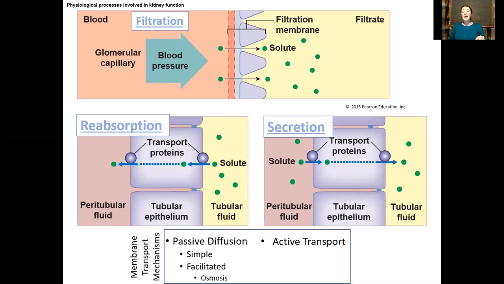Remember that osmosis is a type of facilitated passive diffusion. We never pump water. We never use energy to physically take water molecules and move them somewhere. We simply add aquaporins in different parts of the tubule to allow water to follow salt.